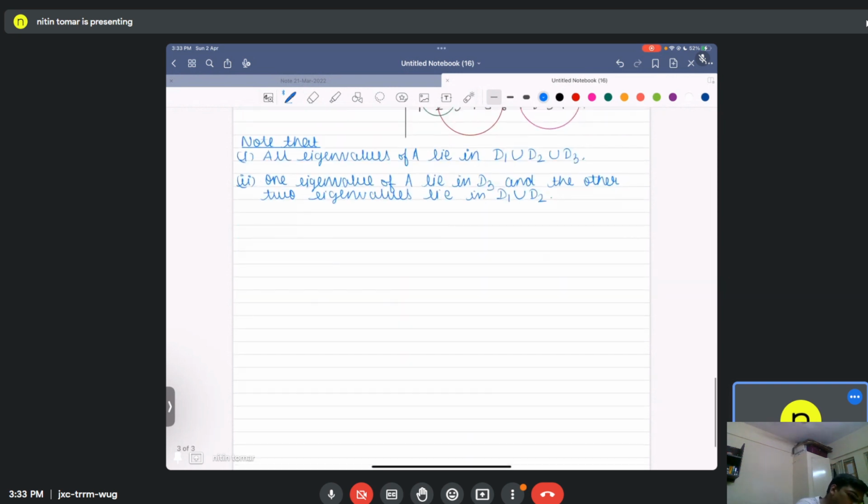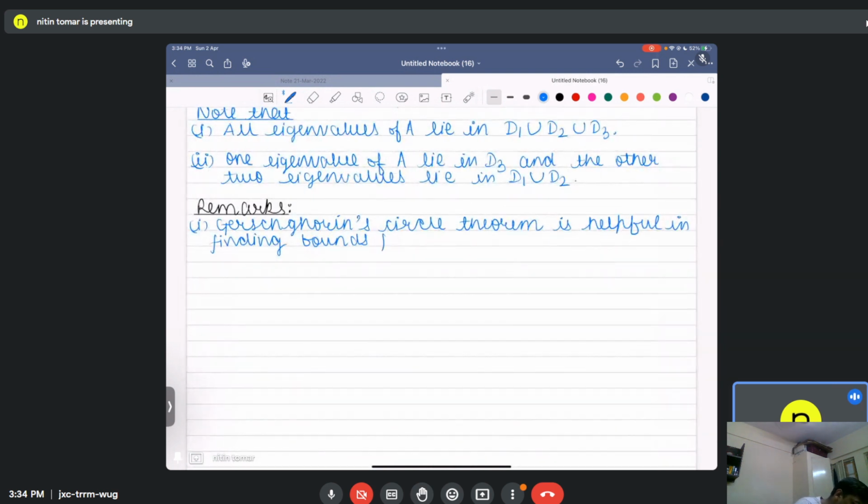If you remark, this Gershgorin circle theorem is helpful in finding bounds for eigenvalues.